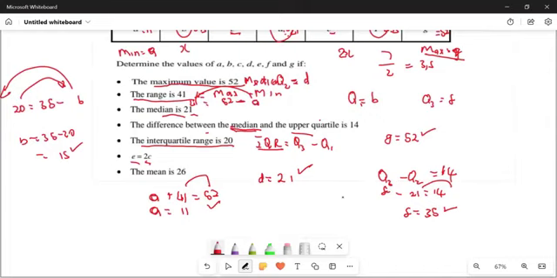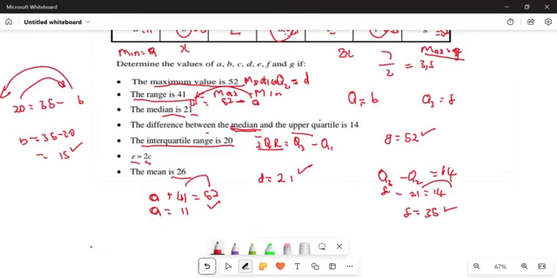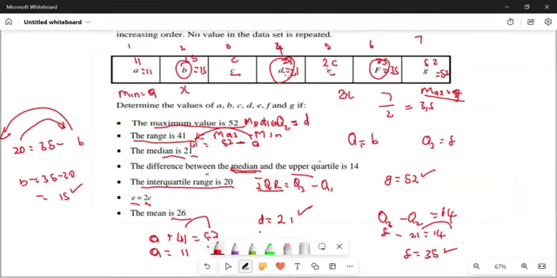Let's check, what is the mean? The mean is 26. How do you get the mean, by the way? Let's remind each other. We get the mean by adding all the values. So we can say 11 plus 15, which is 26, plus C. C is not a like term, so we leave it like that.